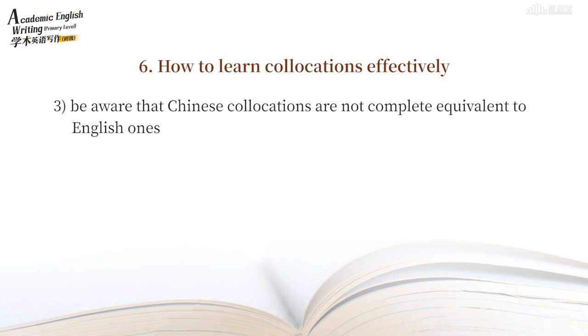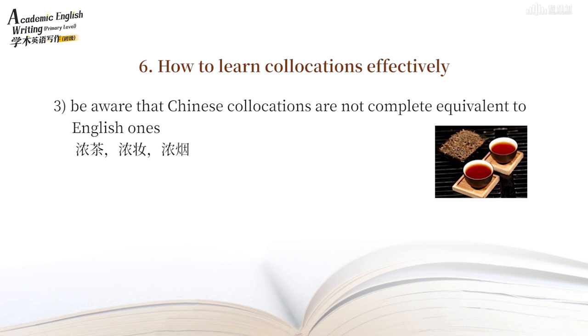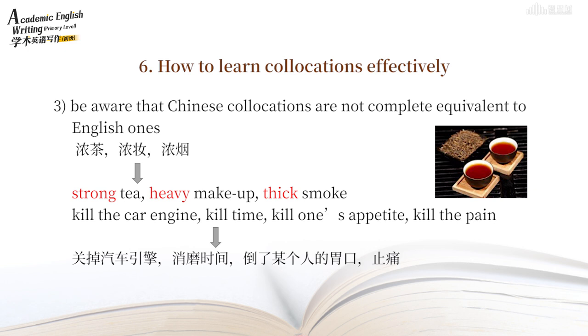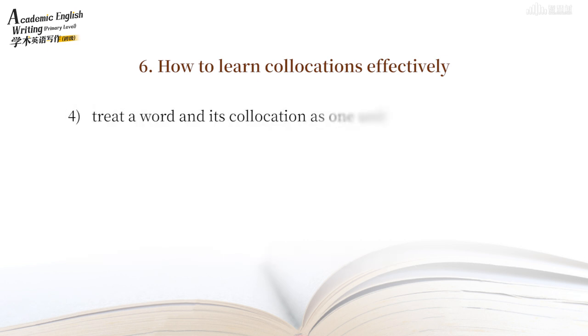For example, in Chinese, we say 浓茶, 浓妆, 浓烟, but their English equivalents are strong tea, heavy makeup, and thick smoke. On the other hand, in English, we say kill the car engine, kill time, kill one's appetite, kill the pain, but in Chinese, their equivalents are respectively 关掉汽车引擎, 消磨时间, 倒了某个人的胃口, 止痛. 4.